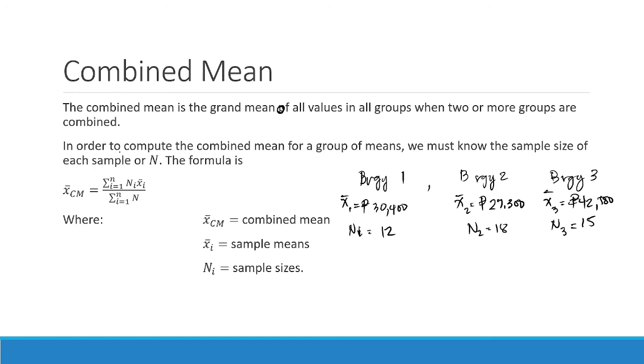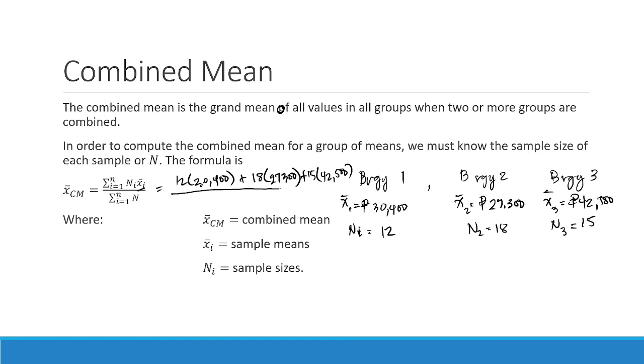So kung i-apply natin tong formula na to, ang gagawin lang natin is we just need to get the n1. So we have here 12, and we multiply that to x1, which is 30,400. We just need to add that to the next values here. So we have there 18 multiplied to 27,300, and we need to add 15 multiplied to 42,500.